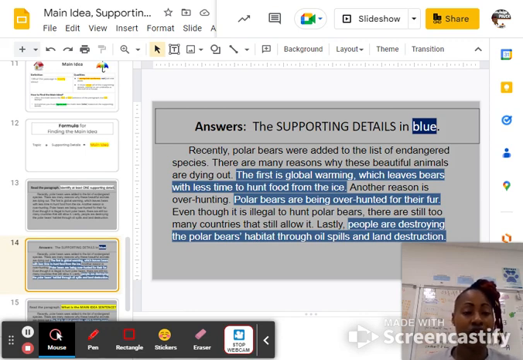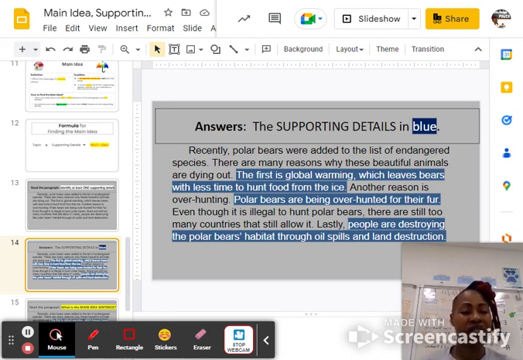The first is global warming, which leaves polar bears with less time to hunt for food from the ice. Polar bears are being overhunted for their fur, and people are destroying polar bears' habitat through oil spills and land destruction. All of those are supporting details as to the topic of polar bears. I'm not going to tell you the main idea yet, but our topic is polar bears, and those are supporting details.